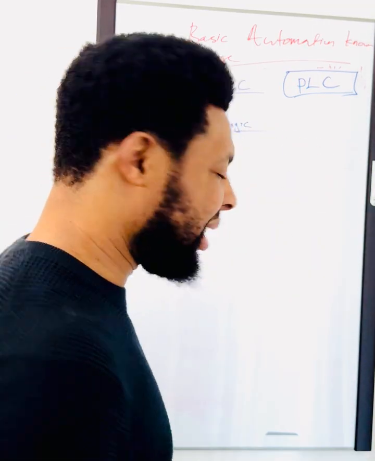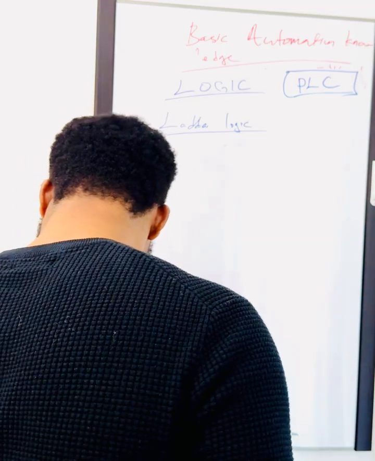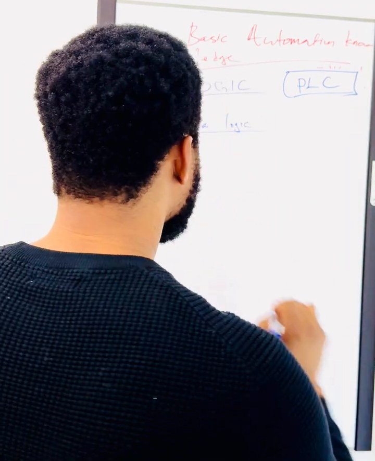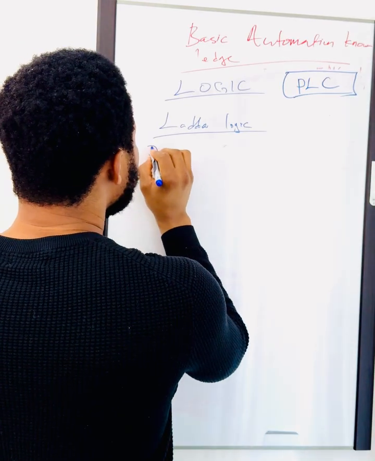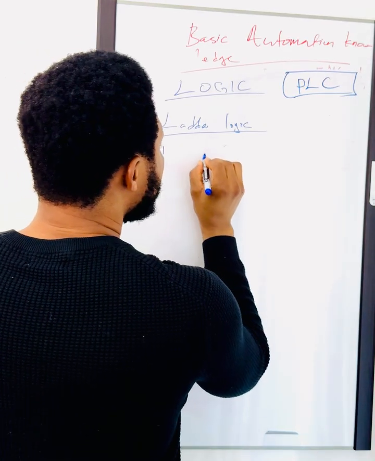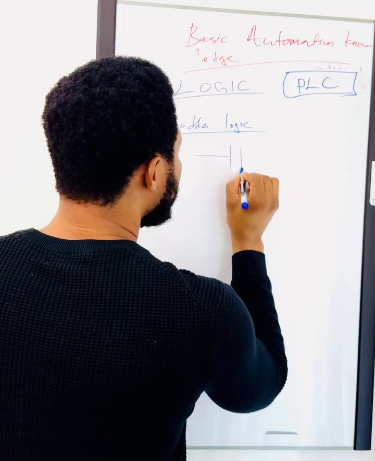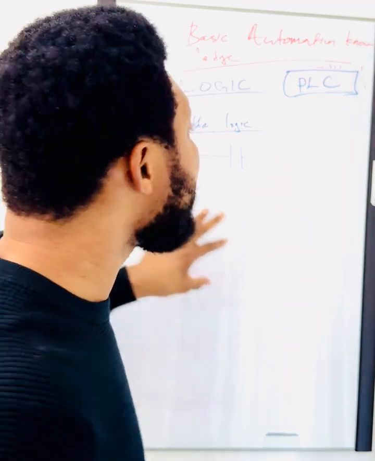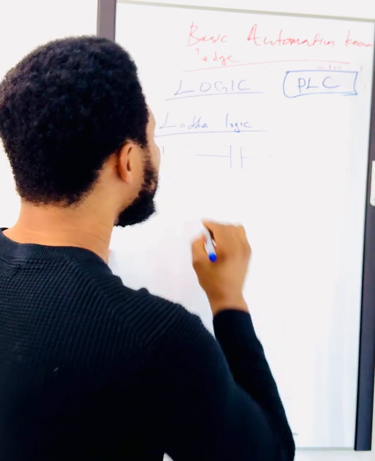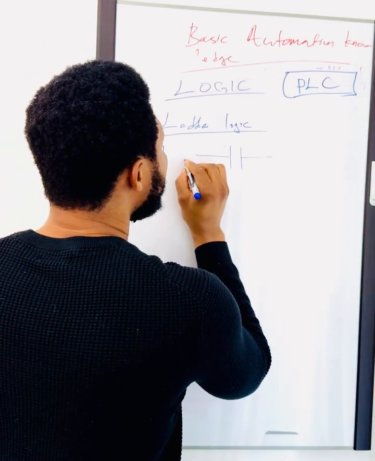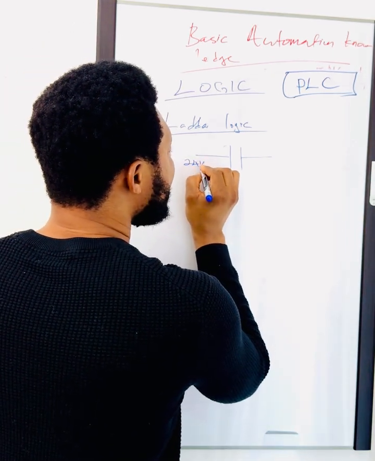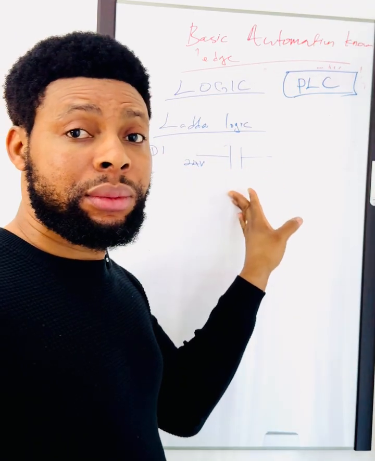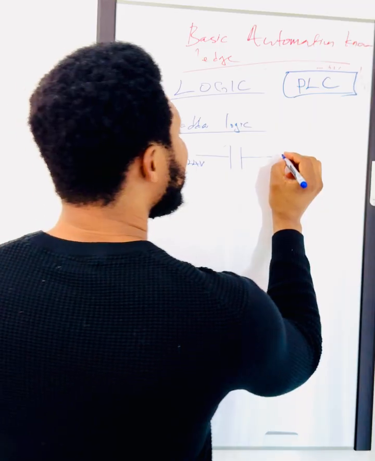So I told you, you are going to receive just 4 things from your sensors. If you receive digital input, then it's like this. Digital input means that, let's say you have 24 volts coming here. This place is open, so you're not going to have anything here.